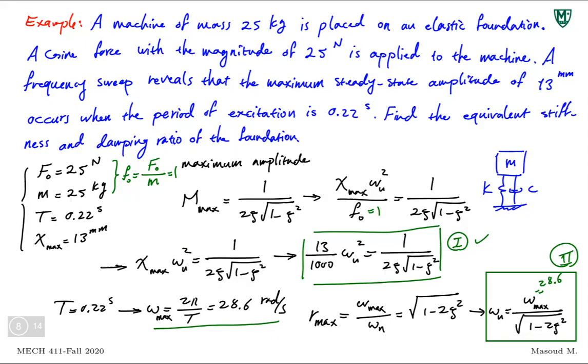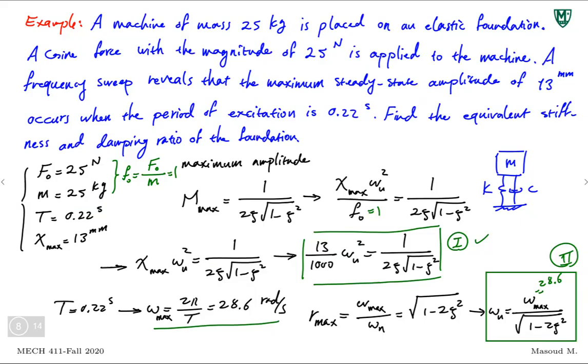Then from what I knew before, the relationship for R at maximum amplitude, I replaced omega max with the number from the time period. Now I have two equations, two unknowns, omega n and zeta.